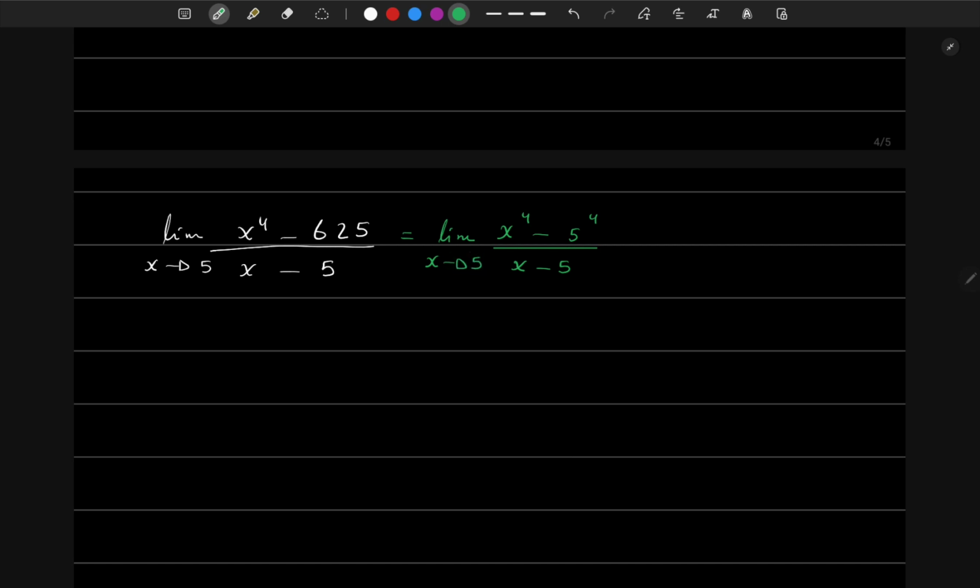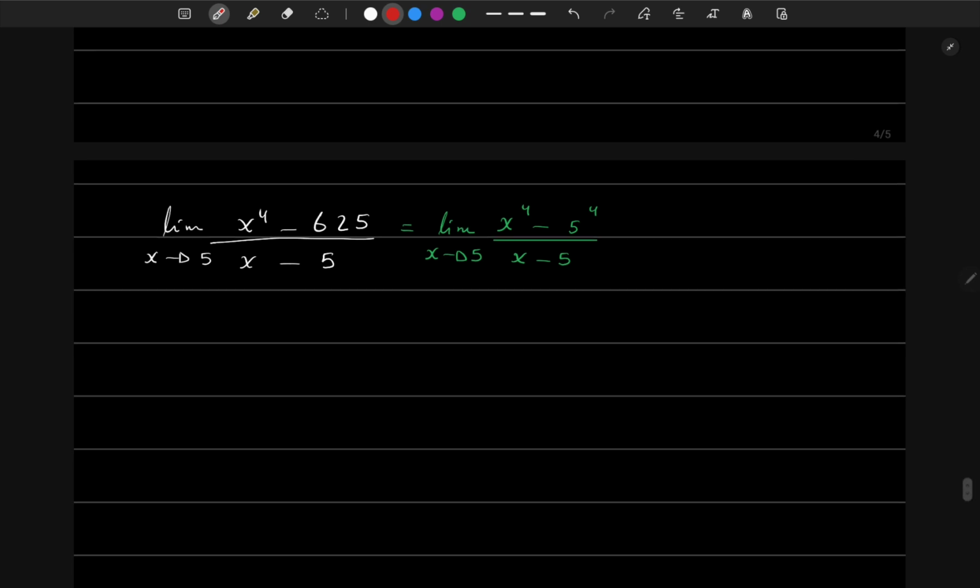So why did I do so? Well, because there is a rule that says the limit of x to the power of n minus a to the power of n divided by x minus a when x approaches a equals n multiplied by a to the power of n minus 1.